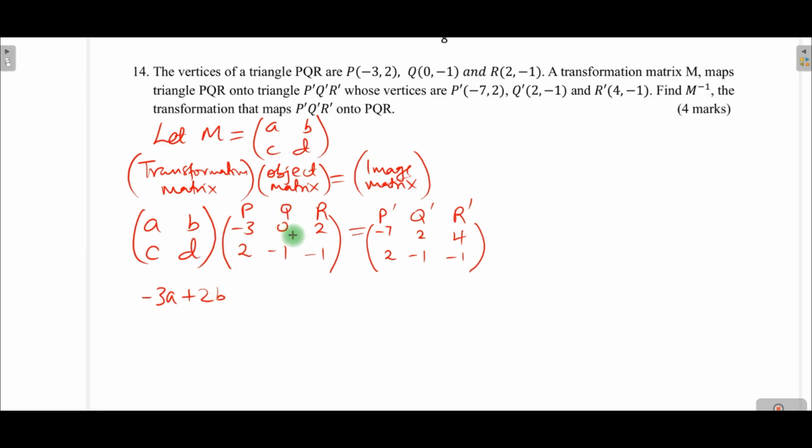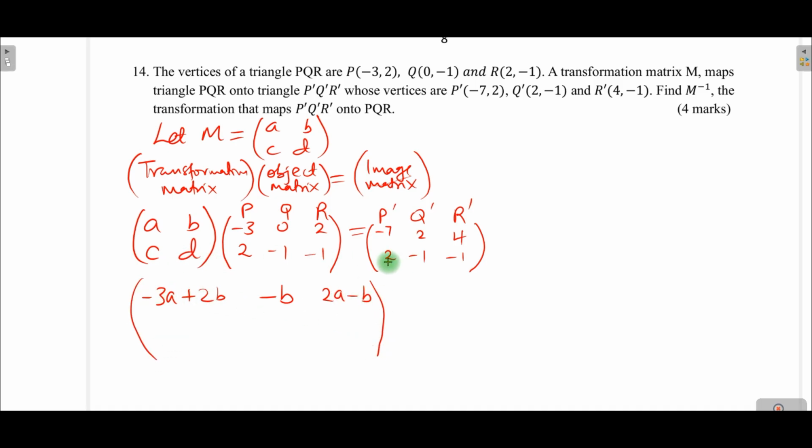Then to get 2, we must have multiplied first row, second column. So A times 0, that is 0. B times -1, we have -B. Then to get 4, we must have multiplied first row and third column. That is A times 2 plus B times -1. So we have 2A minus B.